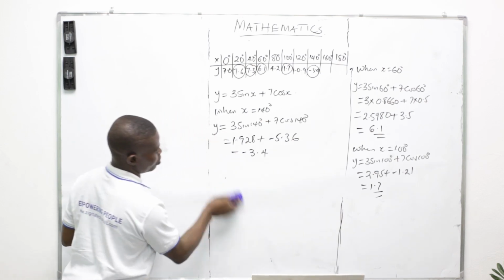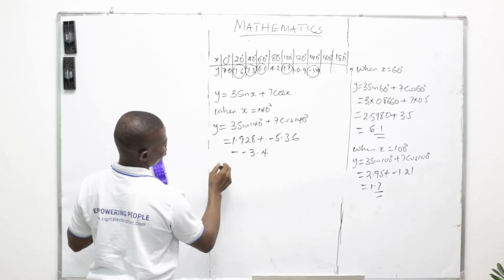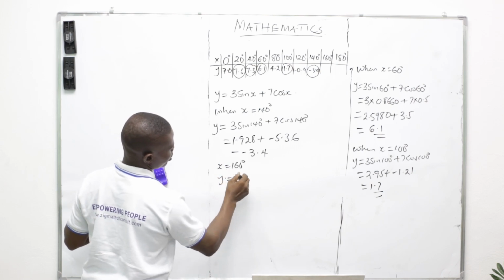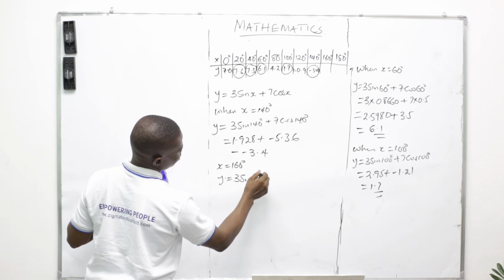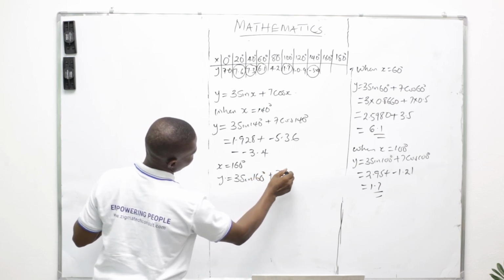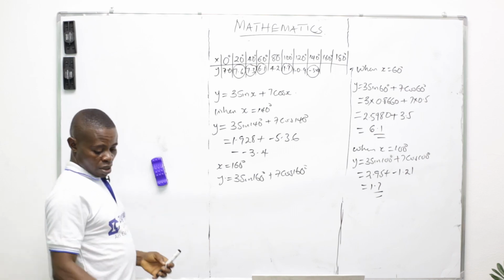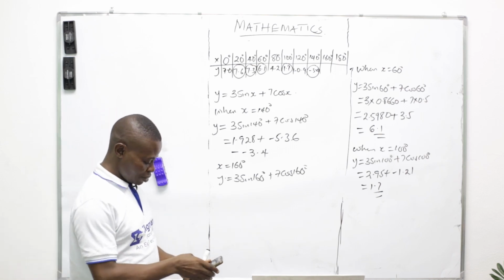When it is 160 degree, that is when x is 160 degree, y equals 3 sine 160 degree plus 7 cos 160 degree. You punch the calculator once again.